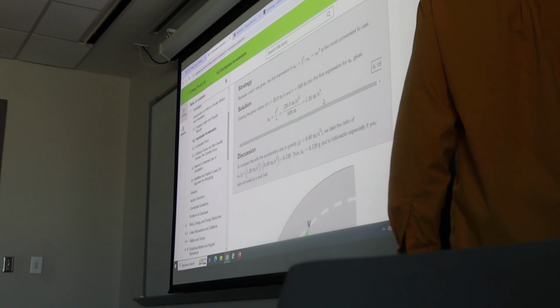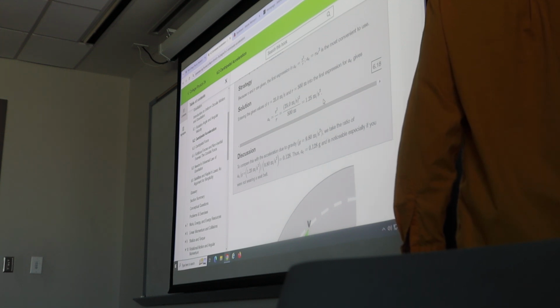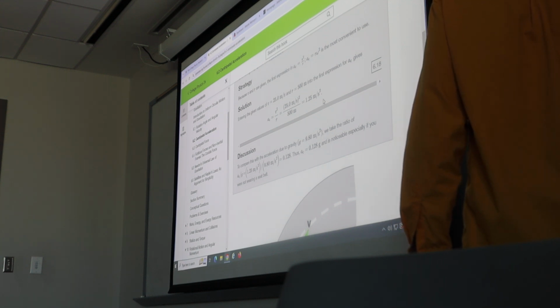So then we have 3.3 meters per second over radius. Oh, that's why it's squared. Radius 0.44 meters.